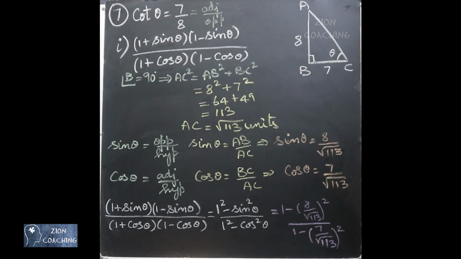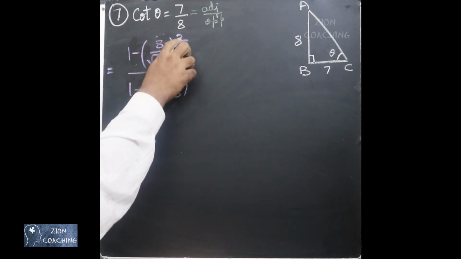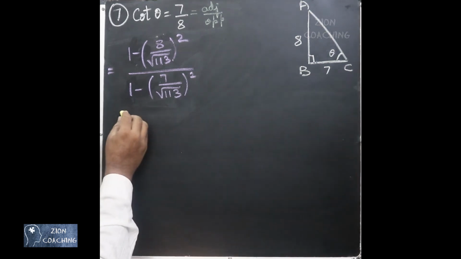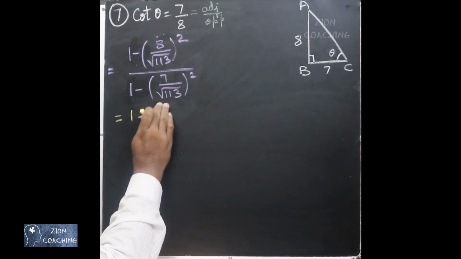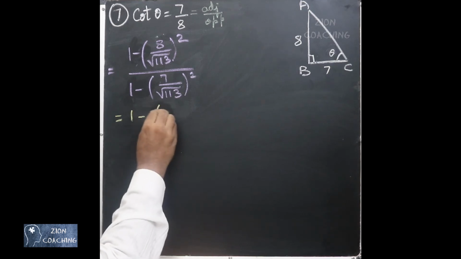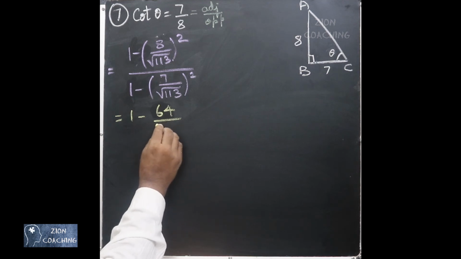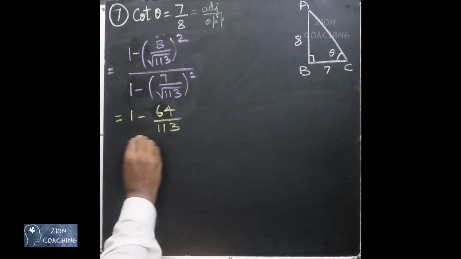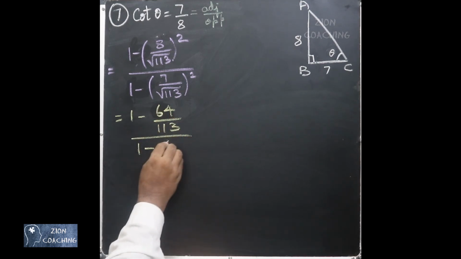That will become 1 minus 8 squared, which is 64, by, when you square root of 113, it will become 113. The square root will get cancelled. By 1 minus 7 squared is 49.